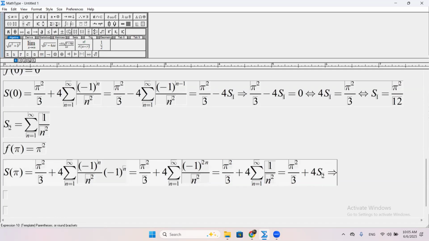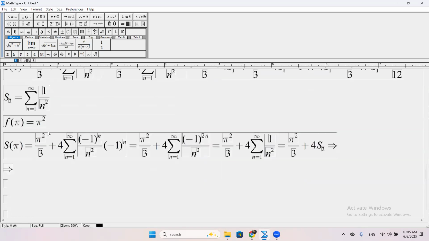So what next? Again, we will solve the equation with respect to S2. It will be equal to p square. Then 4 S2 will be equal to 2p square over 3.